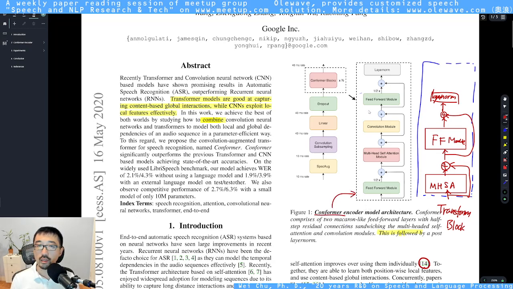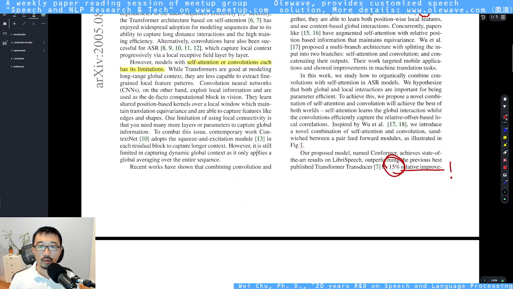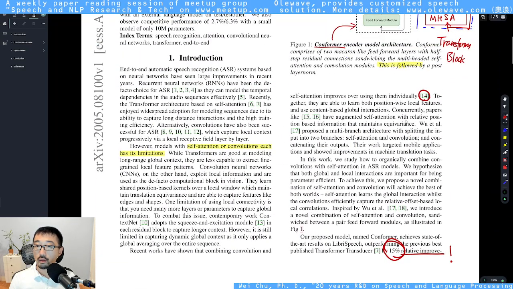The biggest difference is that, first of all, they add another new feed-forward module at the very end. And the second thing, which is more important, is the introduction of this convolutional module. And they actually didn't generate the idea from nowhere.